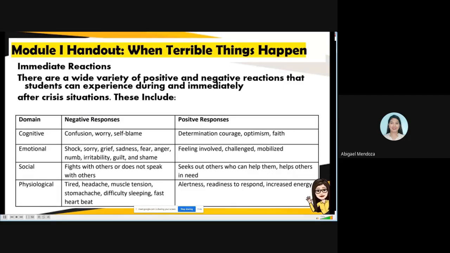Positive responses: seeks out others who can help them, helps others in need. Physiological domain: tired, headache, muscle tension, stomach ache, difficulty sleeping, fast heartbeat. Positive responses: alertness, readiness to respond, and increased energy.